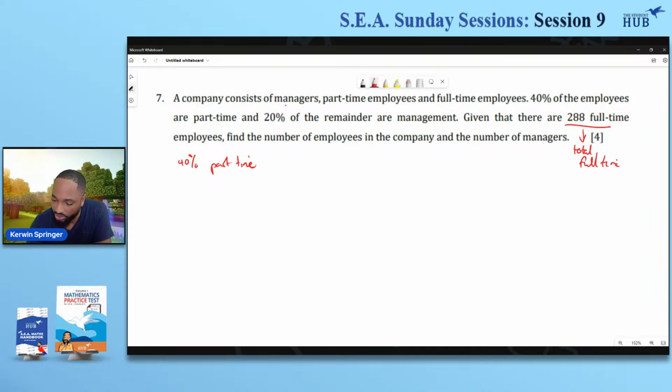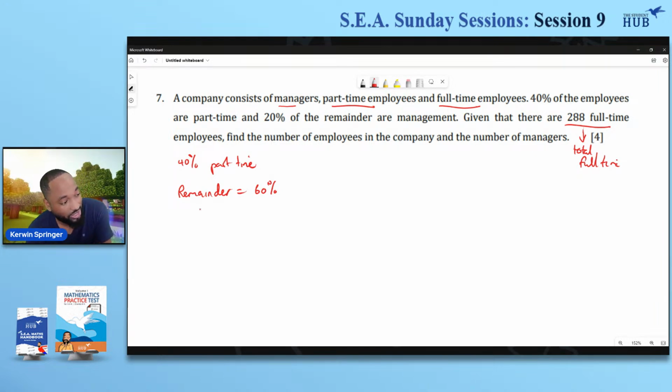And there are 3 branches: managers, part-time, and full-time. Okay. So 40% is part-time. So 20% of the remainder. So the remainder is, well, not about, exactly 60%. If 40% is part-time, the remainder will have to be 100 minus 40, which is 60.